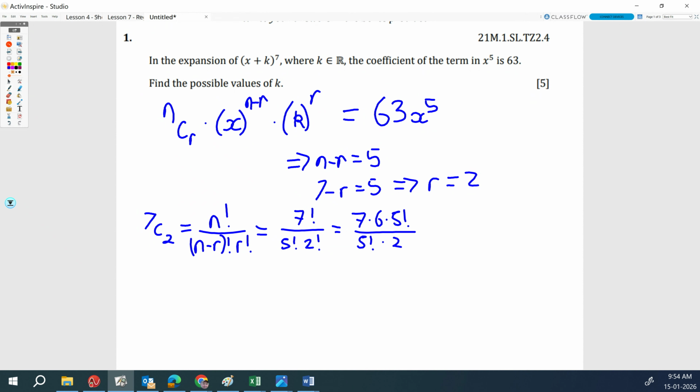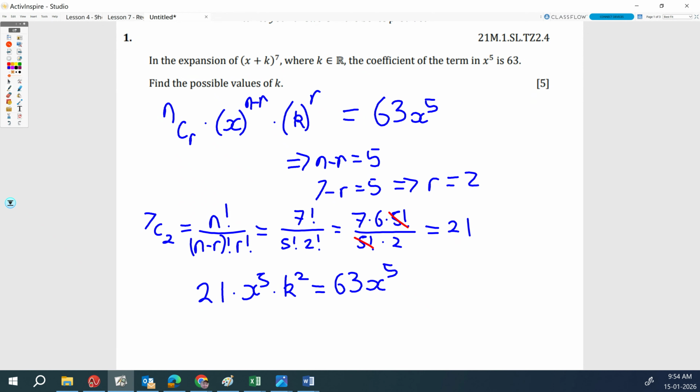The reason I've left these two 5 factorials is they'll cancel each other out, saving me a bit of work. 6 divided by 2 is 3, so 3 sevens are 21. This is 21. So I've got a few bits worked out now: 21 times x^5 times k^2 is equal to 63x^5.